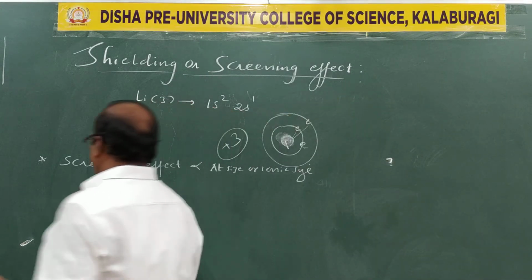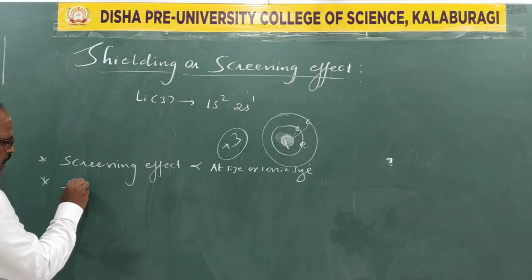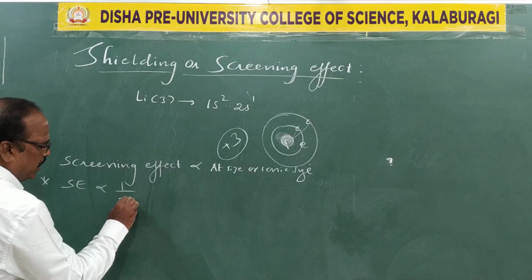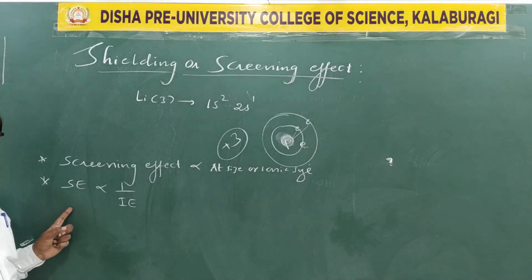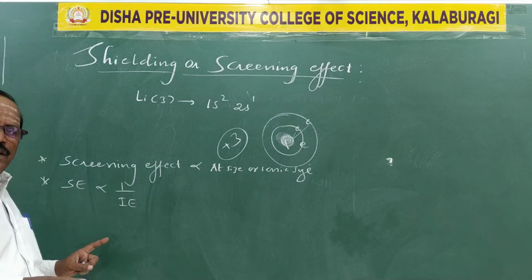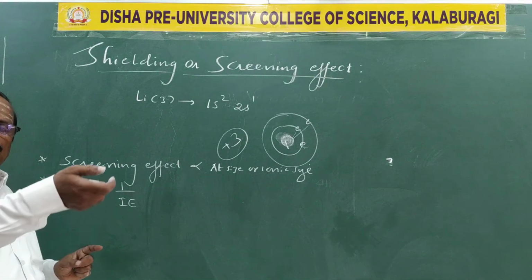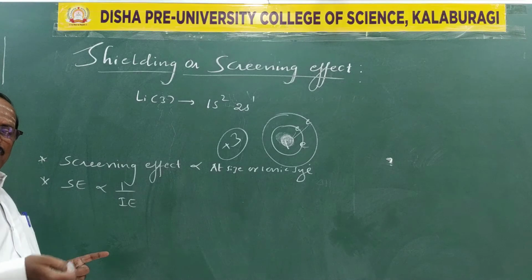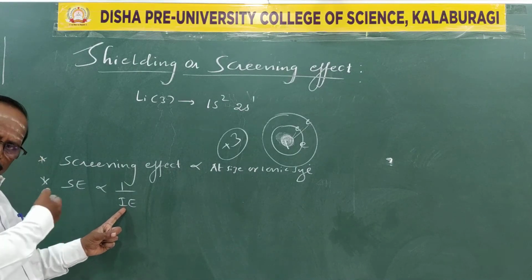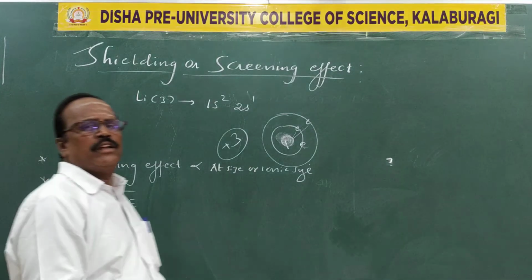Shielding effect is inversely proportional to ionization energy. More is the screening effect, lesser is the nuclear force, lesser is the nuclear charge, and here ionization energy will be less. More shielding effect, less ionization energy.